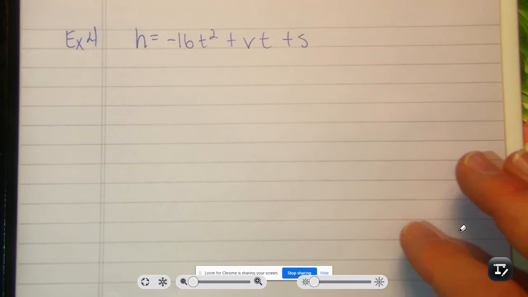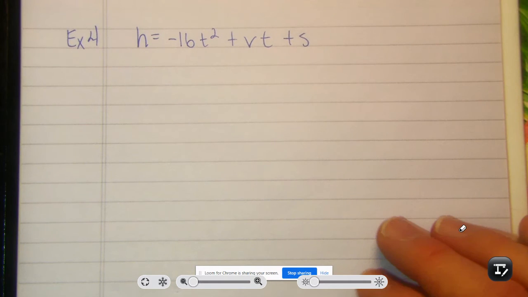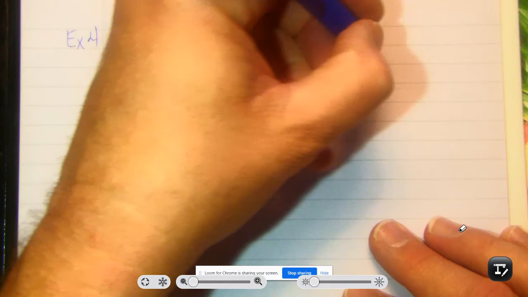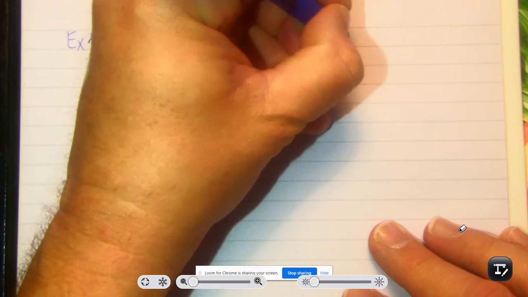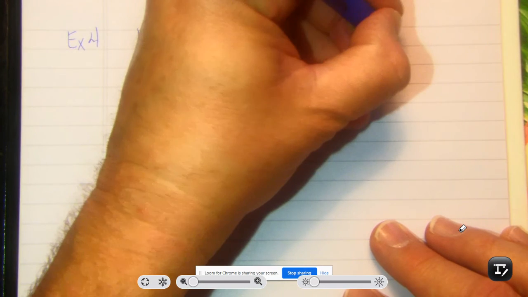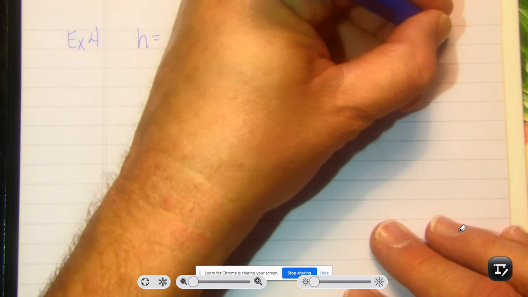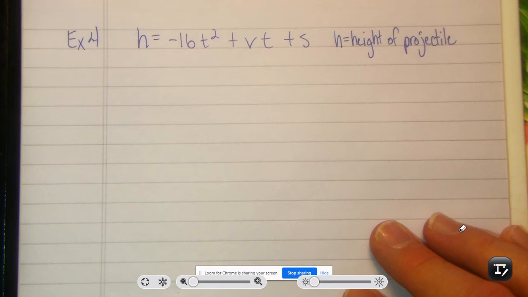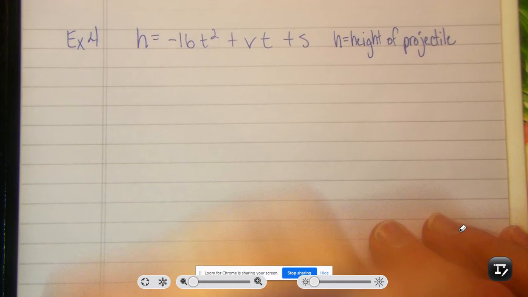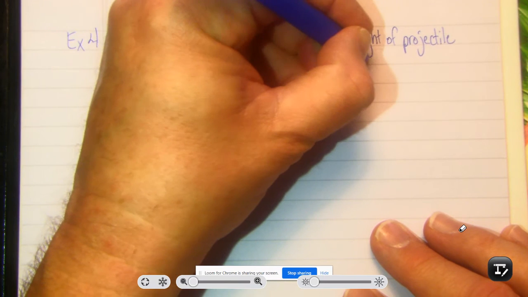Now let me define a few parts of this. In fact, you'll see this in Algebra 2. You'll continue to see it in Algebra 1. This particular equation didn't go anywhere at all. So you're going to see it for quite a while. First of all, h represents the height of the projectile. V is the initial velocity.